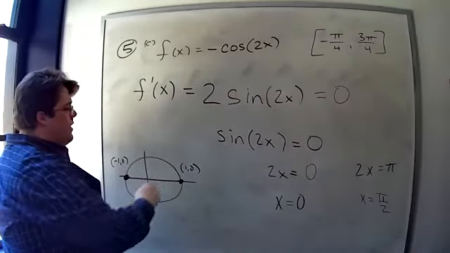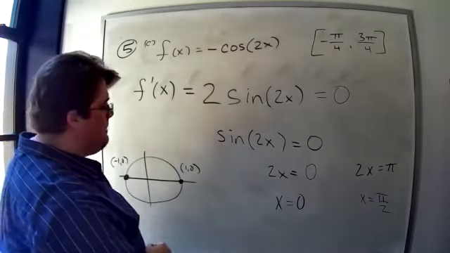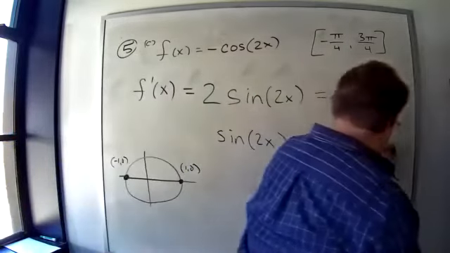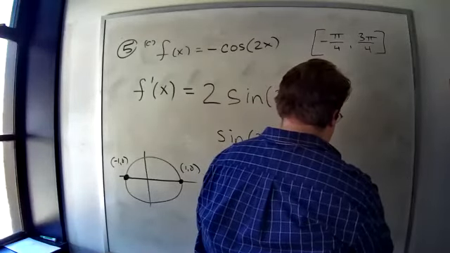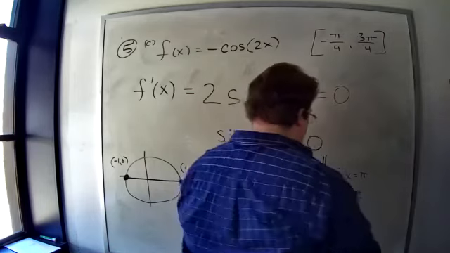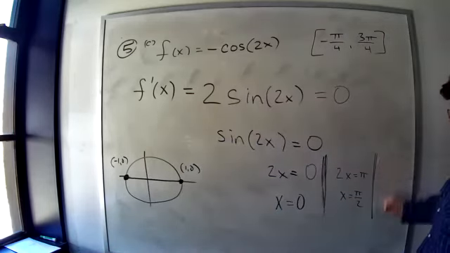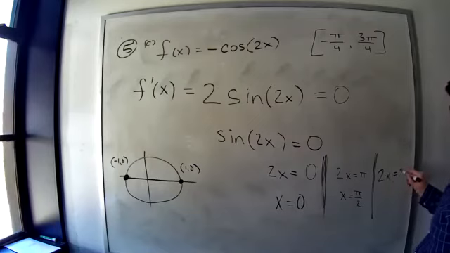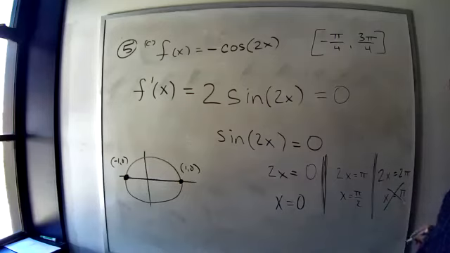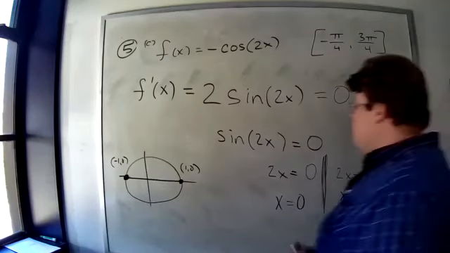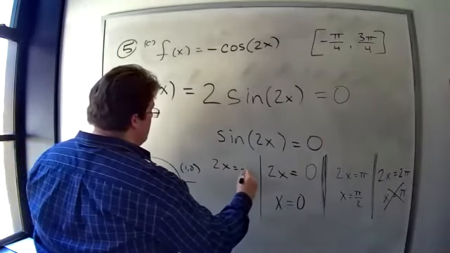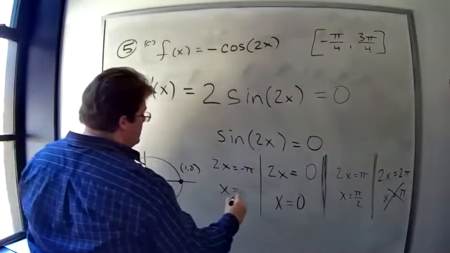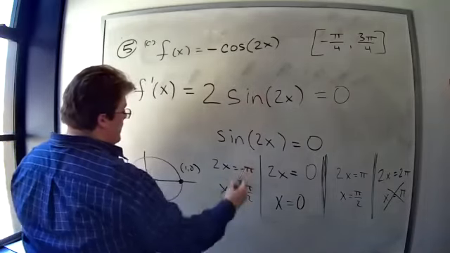What if you went all the way around to 2 pi? Well, you get x equals pi, not in that interval, so we don't have to consider that. And what if you went the opposite direction? You went to negative pi, well, you get x equals negative pi over 2, also not in that interval.